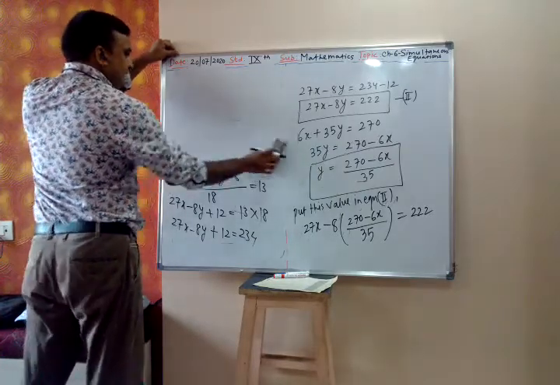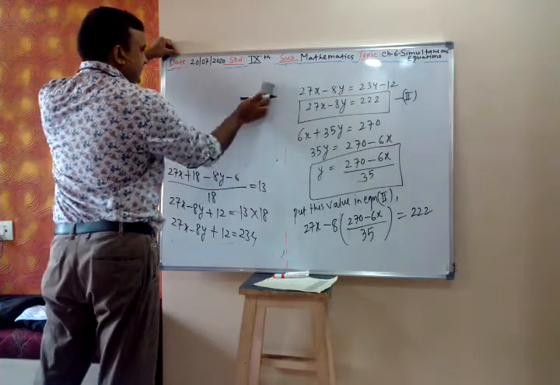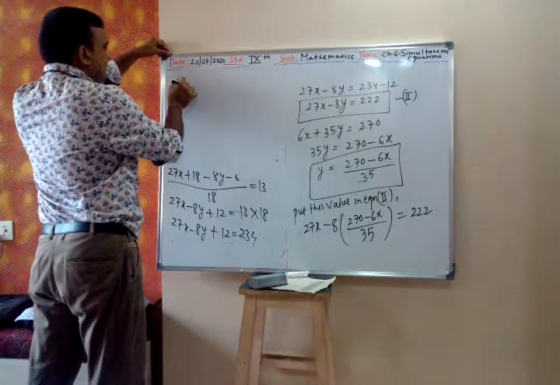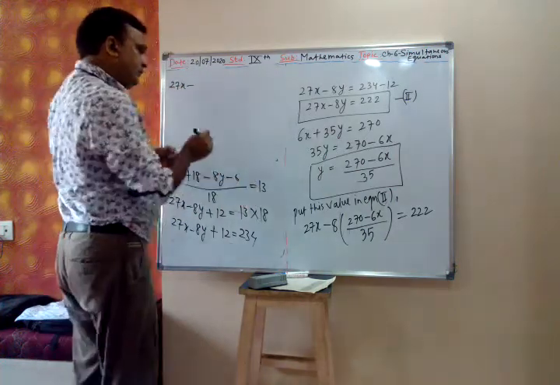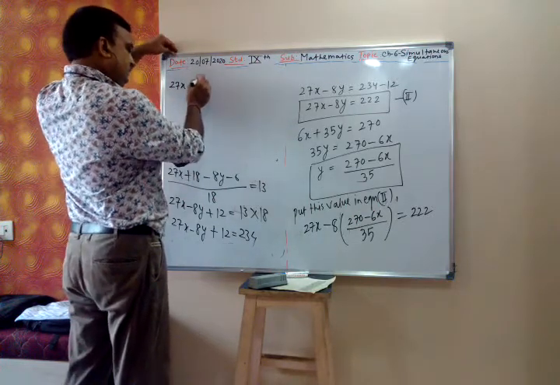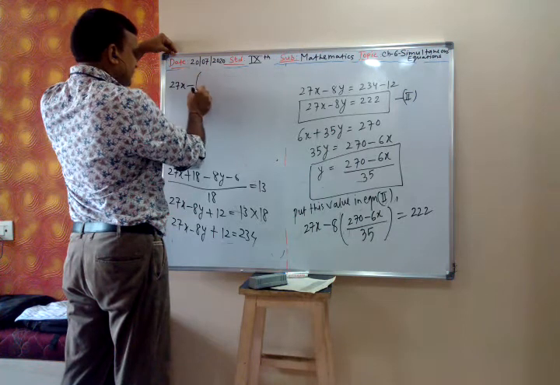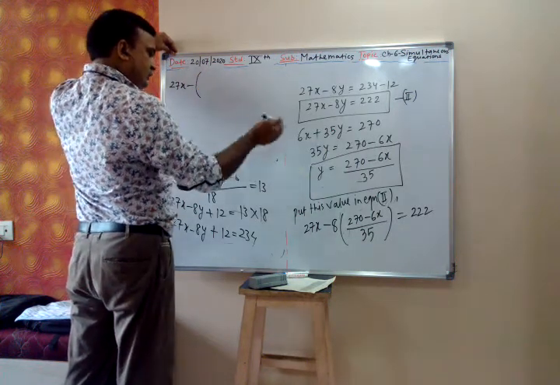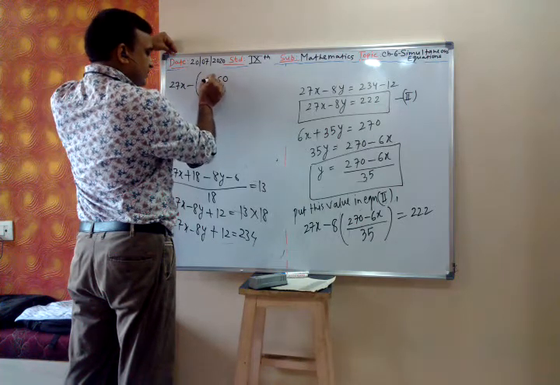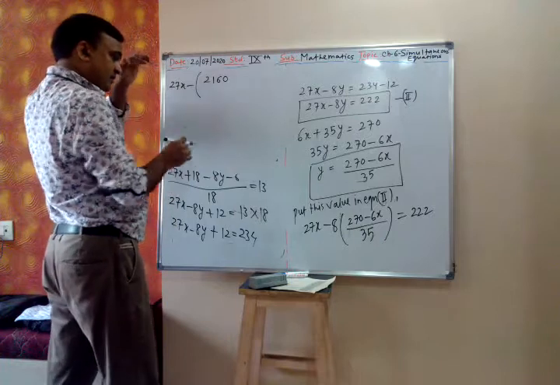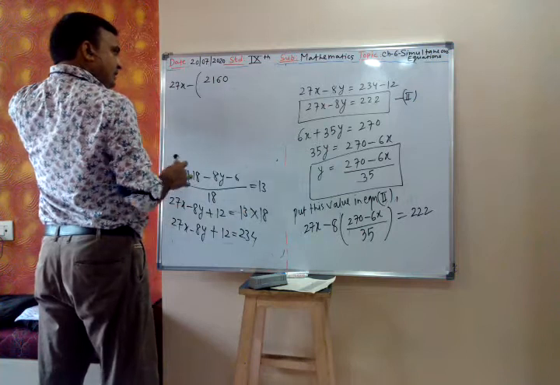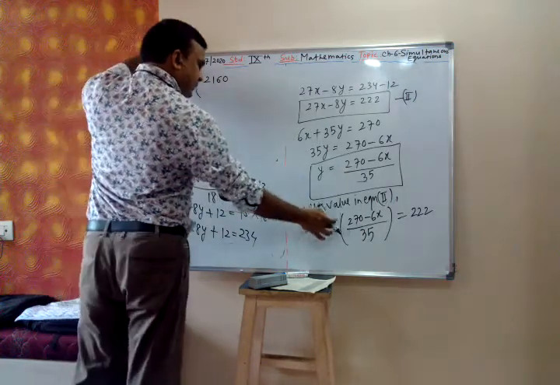So 27x minus 8 into 270, multiply first. So 27x minus 8 into 270, 8 7s are 56, 2160, minus, we multiply the 8 inside.